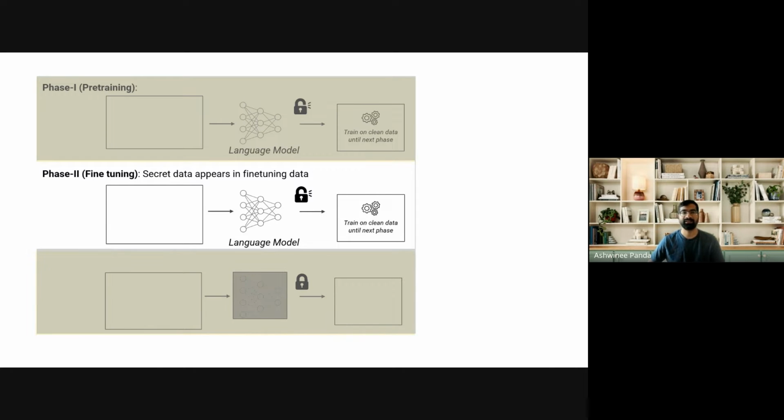And to account for that, we're also going to be taking a blurry distinction on pre-training versus fine-tuning as we talk about the methods and ablations in this paper. But for the sake of discussion, we're going to say that your secret data is really appearing when you do fine-tuning, and not necessarily in pre-training.